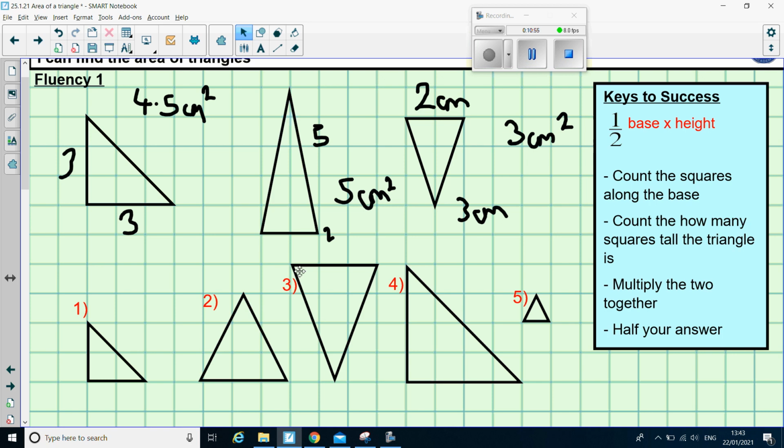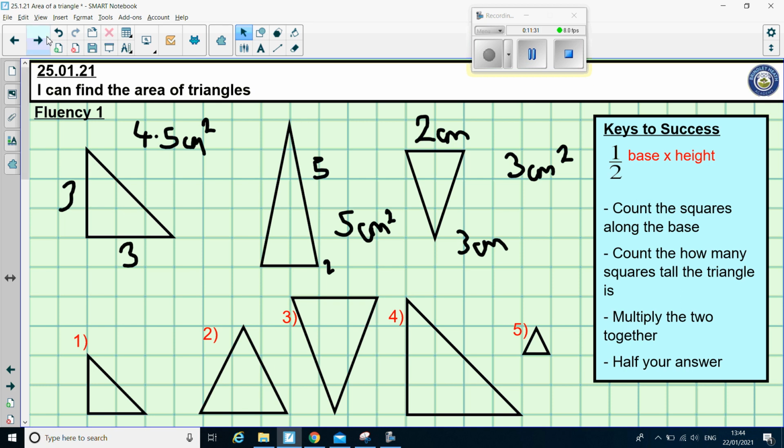Question 3, the base was 3, the height was 4, 3 times 4 is 12, half it, the answer was 6 centimetres squared. Question 4, the base is 4, the height is 4, 4 times 4 is 16, half it, the answer is 8 centimetres squared. And question 5, my base is 1, my height is 1, 1 times 1 is 1, half it, my answer was 0.5 or half a centimetre squared.